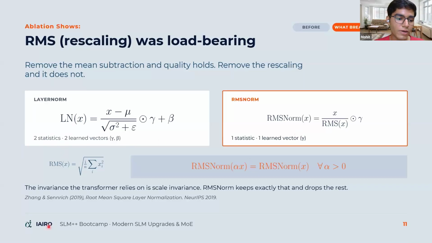Let's take an example. Suppose this is value one, this is at index value one, this is at index value two, and this is at index value three. If we want to take the RMS norm for this value, we do not want a normalization for it, because it would give the same value.